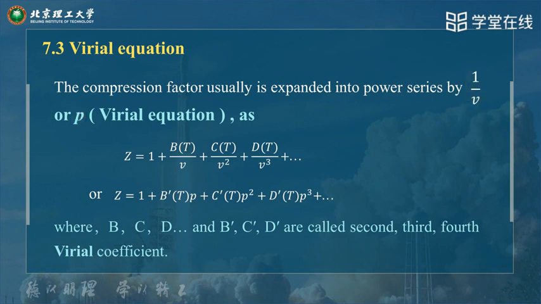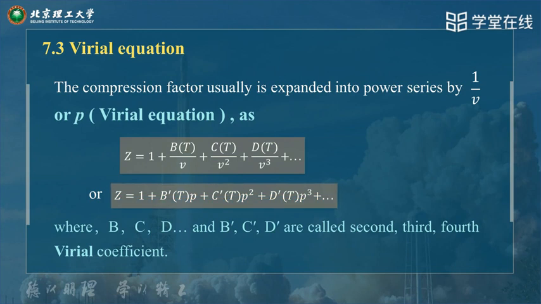We obtain Z equals 1 plus B over V plus C over V power second plus D over V power third. Or Z equals 1 plus B'P plus C'P power second plus D'P power third.